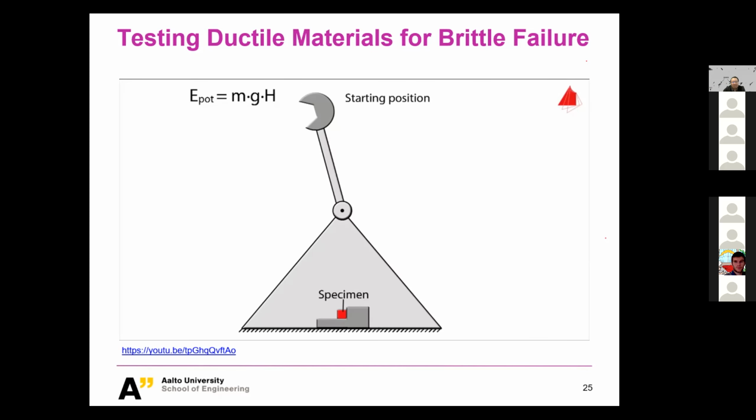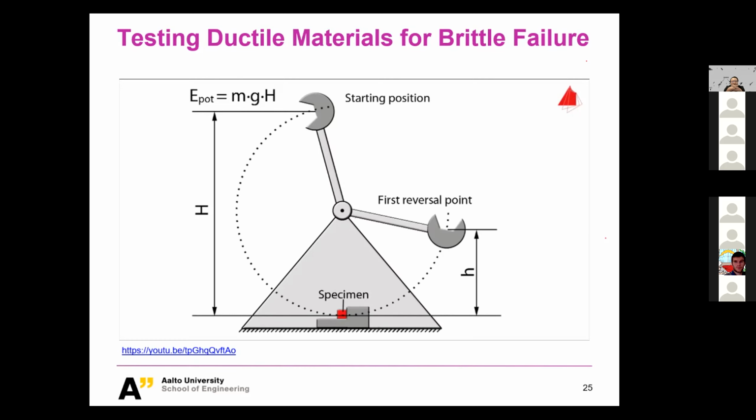Here is the main principle of the measurement. In its starting position, the pendulum only has potential energy. It is given by the mass of the hammer m times gravitational acceleration g times starting height capital H. After the pendulum has been released, the hammer moves downwards, hits the specimen and then only swings to height small h.